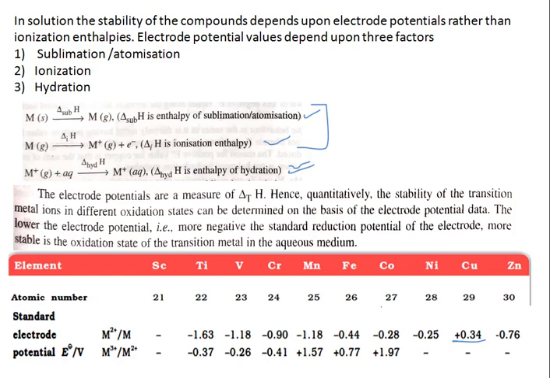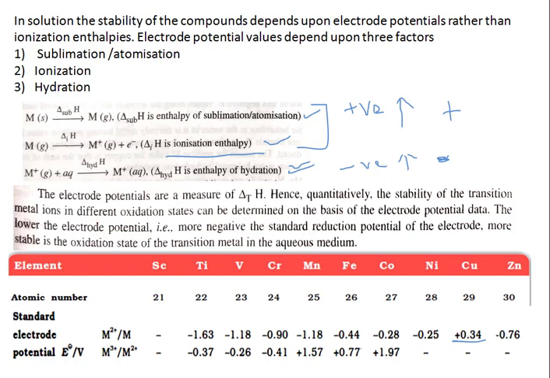Once again, the magnitude of sublimation enthalpy and ionization enthalpy is greater than hydration enthalpy. So hydration enthalpy is negative, whereas these two are positive. If the magnitude of these two is greater, what will be the resultant? The resultant comes out to be positive. But if the magnitude of hydration enthalpy is greater, it comes out negative.